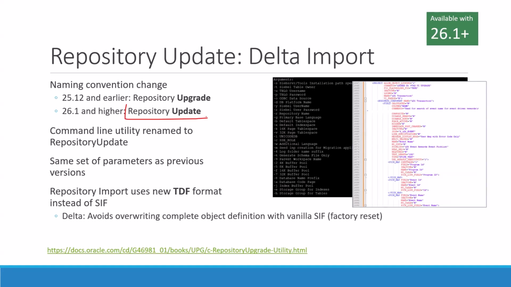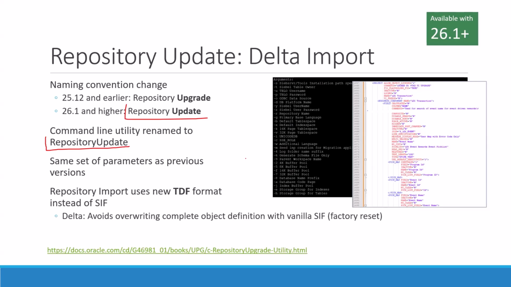And now it's just following the update naming convention. So the command line utility and everything else has been duly renamed. So if you're like me, if you have a script that you run, it doesn't run anymore, but you can change that easily. It's the same utility apparently as far as the parameters are concerned.